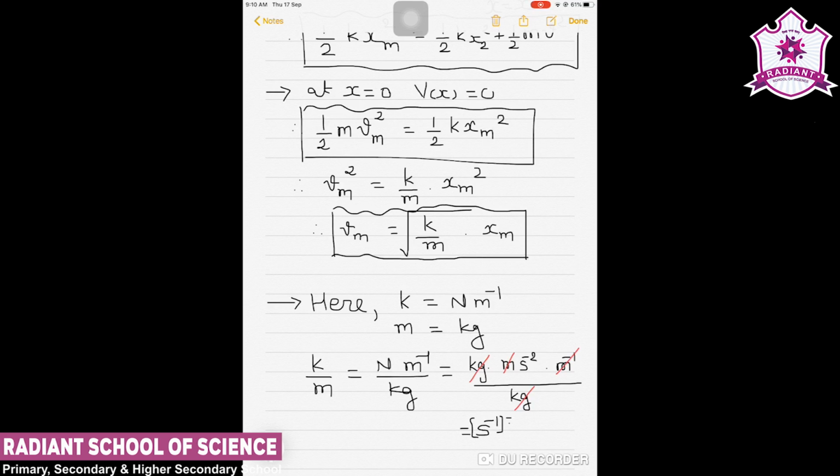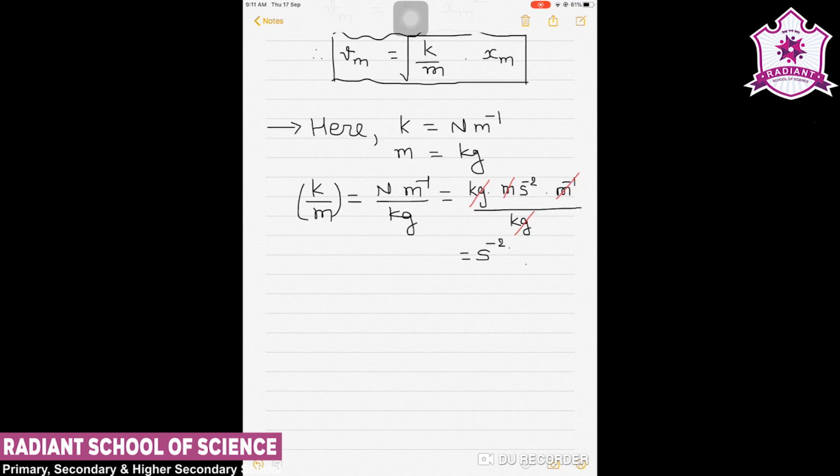We can say it will have minus 2, but this is k by m. In our equation above we have under root k by m. So we can say that under root k by m will have dimension of second inverse, and that is also called the frequency of the given system.